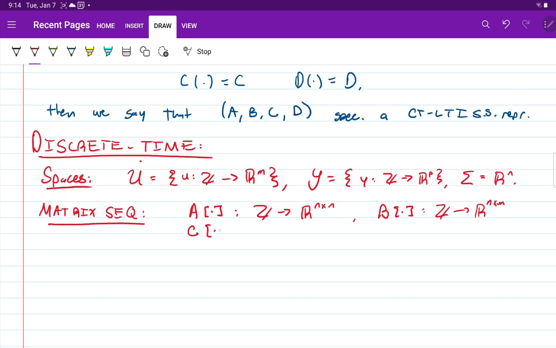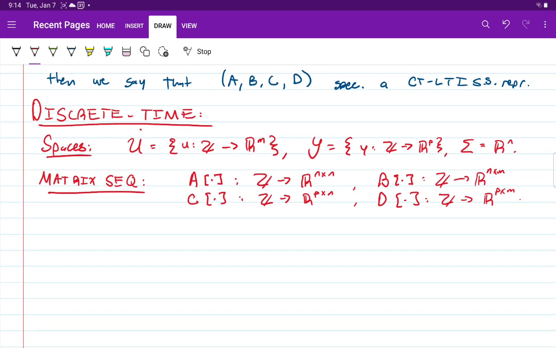I'll have a sequence C, Z to R^(p by n), and I'll have D, which goes from Z to R^(p by m). Okay? So now instead of piecewise continuous functions, I have functions mapping from the integers to sets of matrices. Okay? Alternatively, you could just call those matrix sequences.